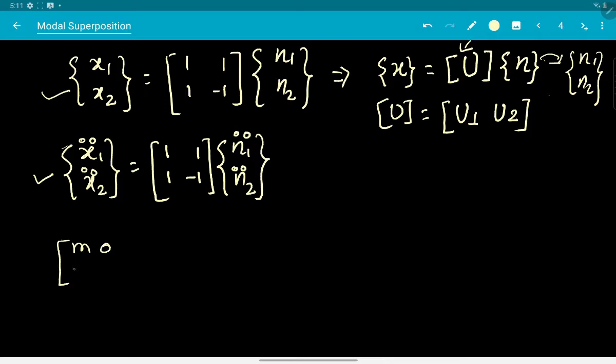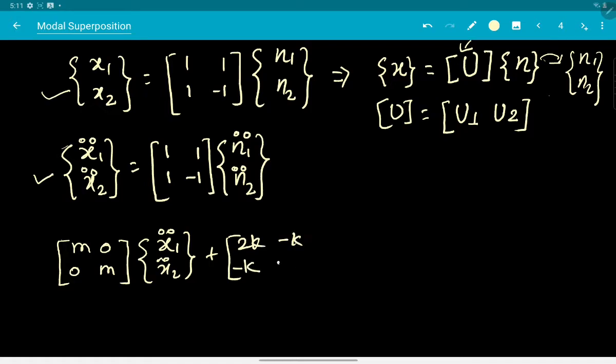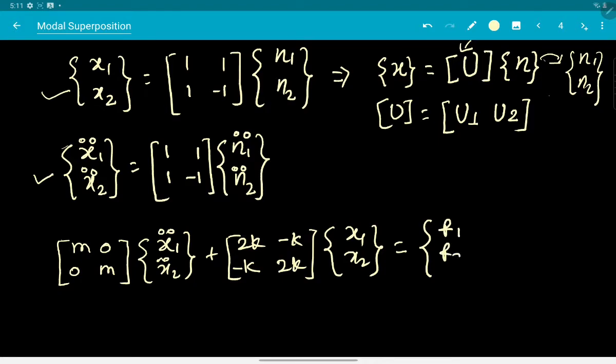In that generalized form I'll write it this way: M times x1 double dot, x2 double dot, plus the K matrix, that is the stiffness matrix, times the displacement vector, equals the forcing F1, F2. F1 and F2 are functions of time, and they can be any function of time as of now. Let me call this equation number 1.